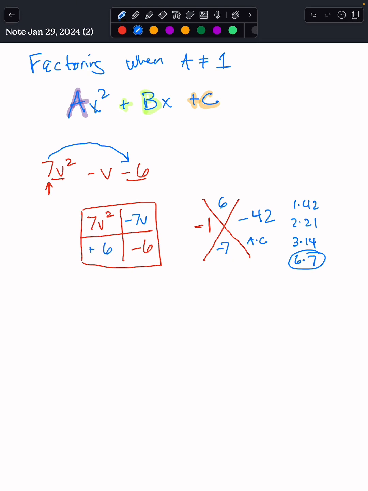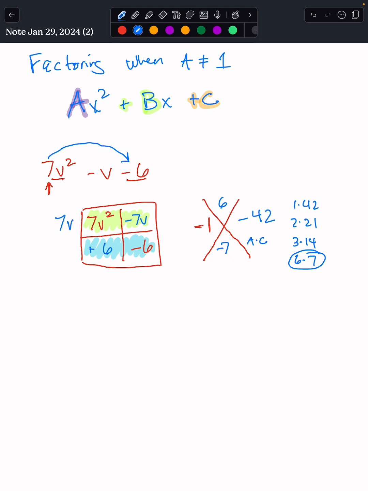And the reason I did that is because, in my opinion and in my brain, it makes it easier because we're getting ready to have to find the common factor of this group right here. And then we're going to find the common factor of this group down here. Okay? So I got to find what the greatest common factor of that top line is. And hopefully, by this time, you're so good at these, you said the greatest common factor is going to be 7v.